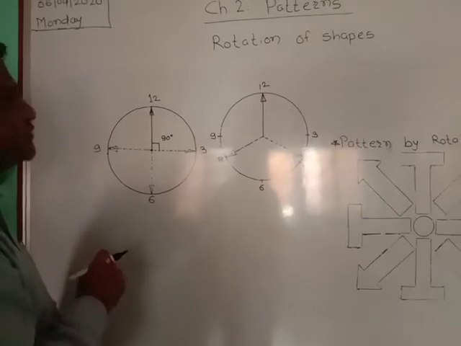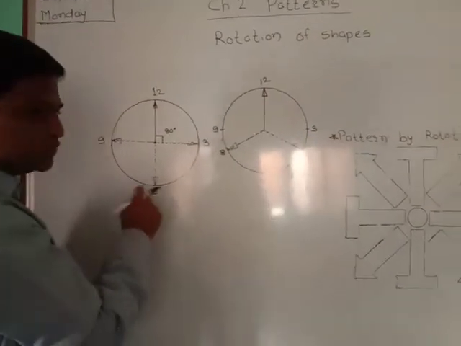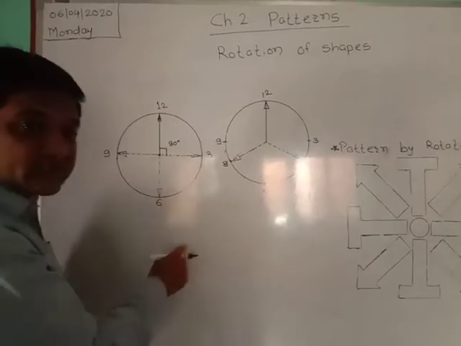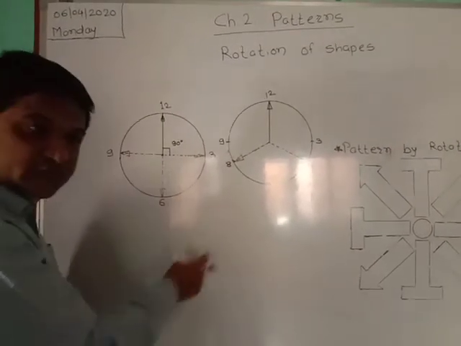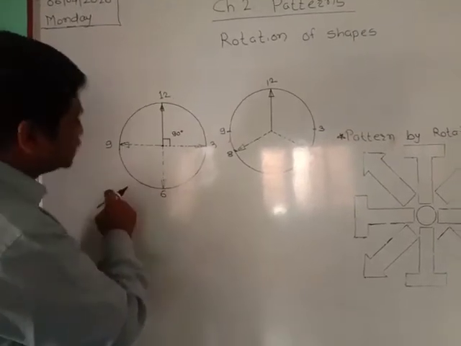Quarter rotation means it rotates through 90 degrees. So it's known as a 90-degree rotation, a quarter of a turn, also known as a quarter rotation.